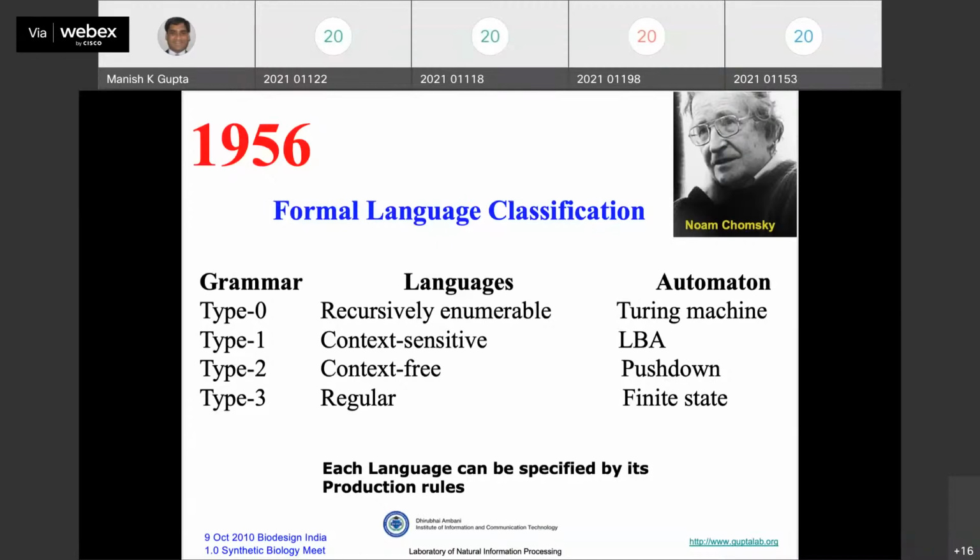By the way, there is another beautiful thing. Each of these languages can be specified by its production rules, right? So each of these production rules, like using a certain grammar, produces the languages. In most of these things, the rules are applied sequentially. यहाँ से यहाँ गए, फिर sequence पे दूसरी जगह, फिर दूसरा rule लगाया.